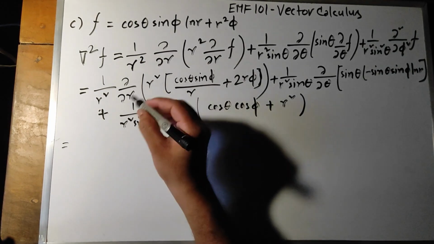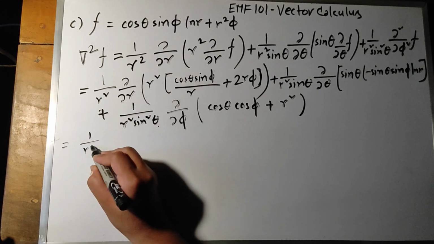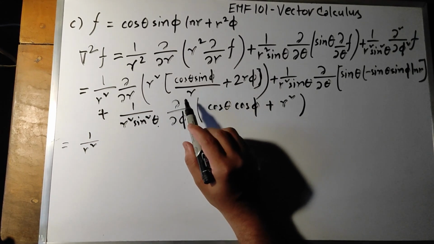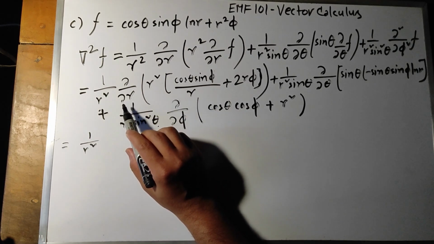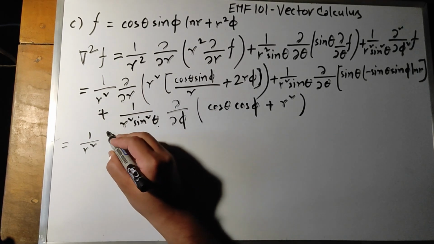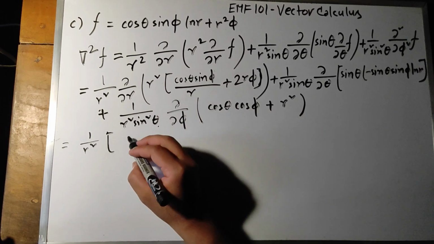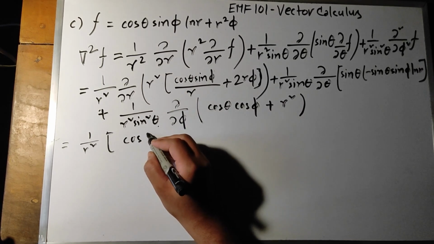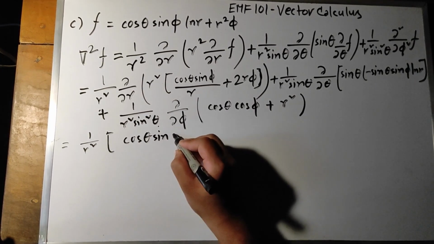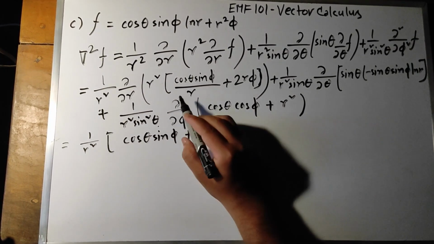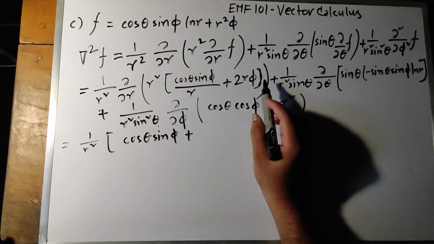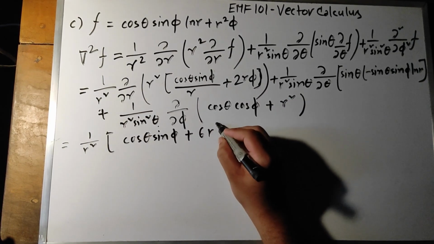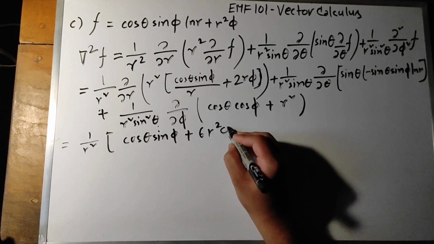Now so 1 by r square, if we take the partial differentiation with respect to r directly, so cos theta sin phi plus, so here is 2 r cube phi, so 6 r square phi.